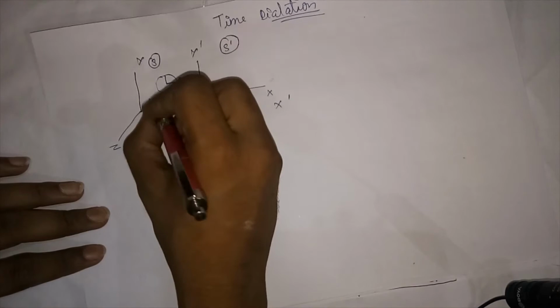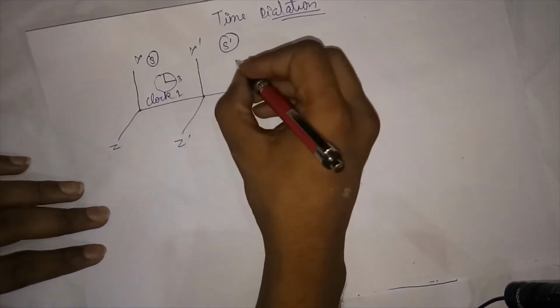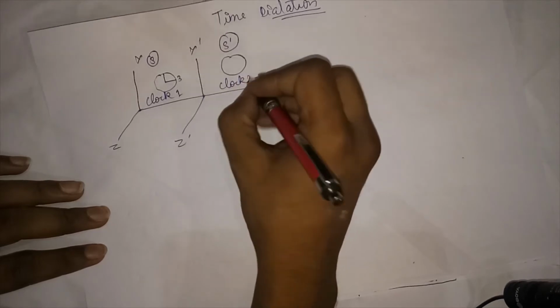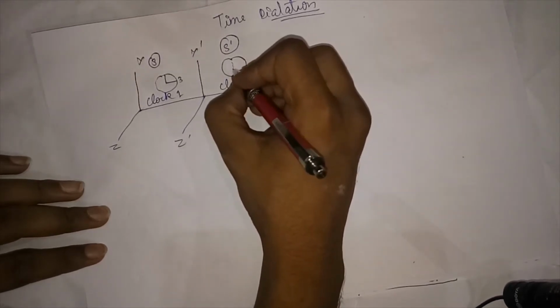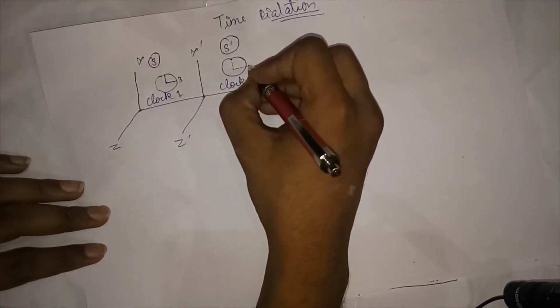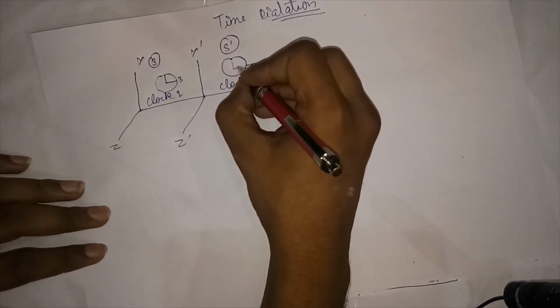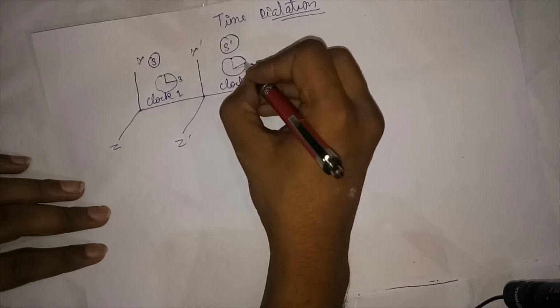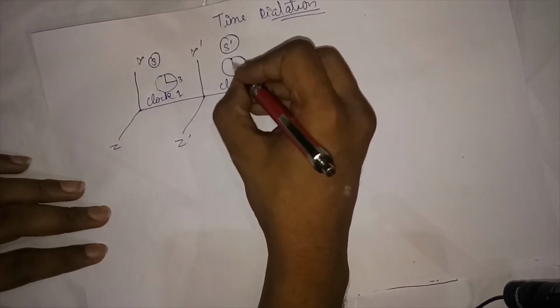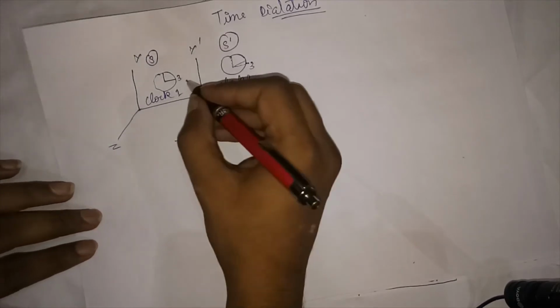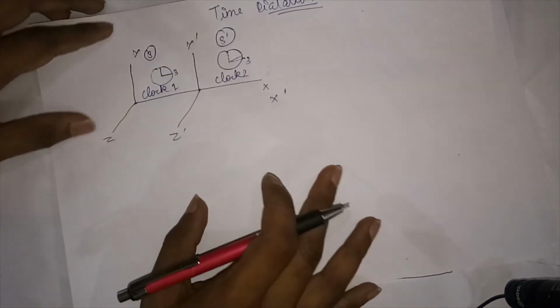Call it clock 1, and we have another clock 2, which should have time 3, but it is slightly slower than the clock which is situated in the stationary frame of reference.